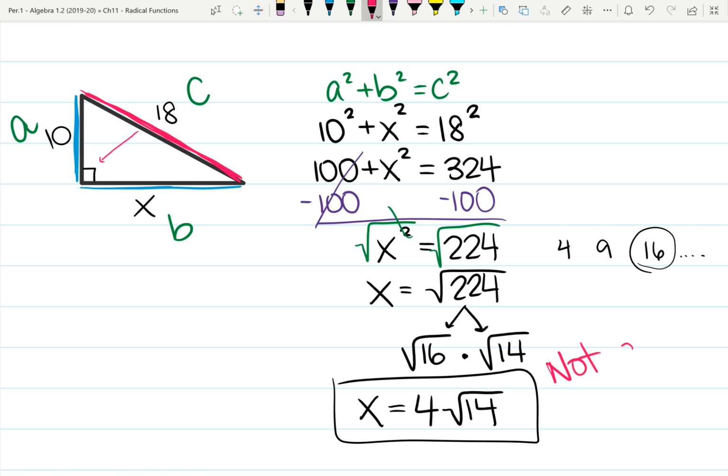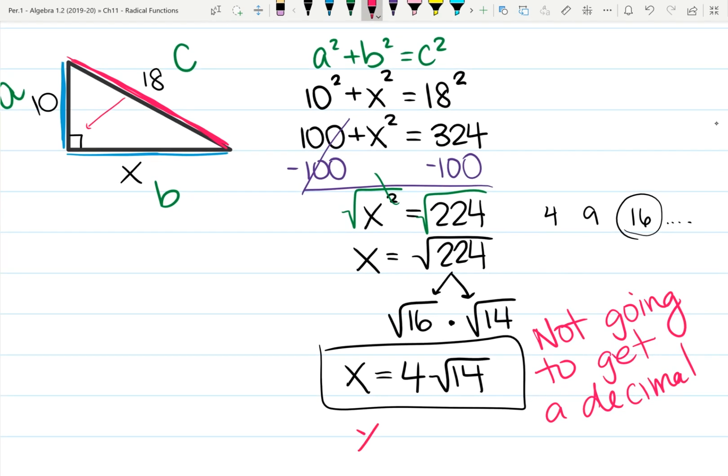So you're not going to get a decimal. So for those of you guys who are taking this and saying x is equal to 14.9, we're not doing that right now. I want to leave my answer in simplest radical form. That's what the directions tell me to.